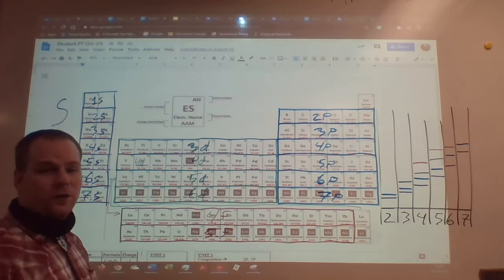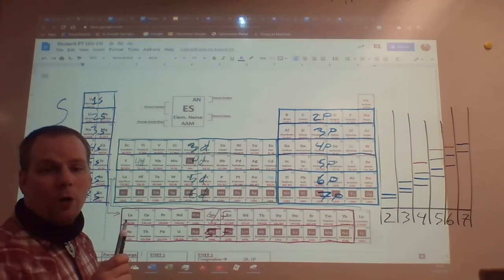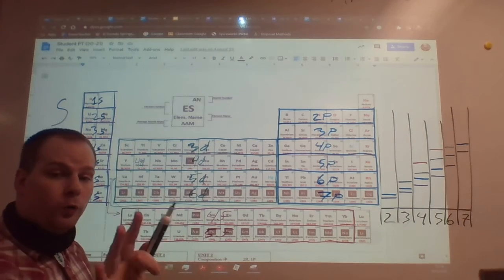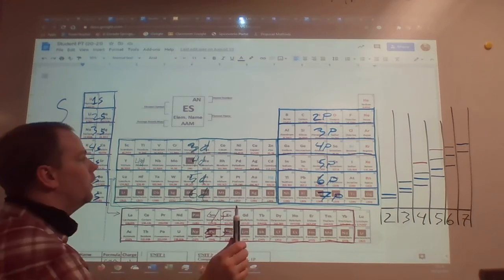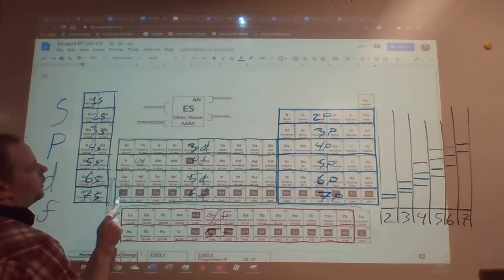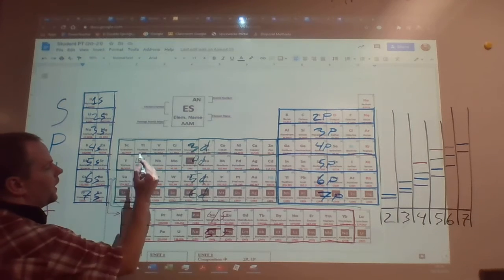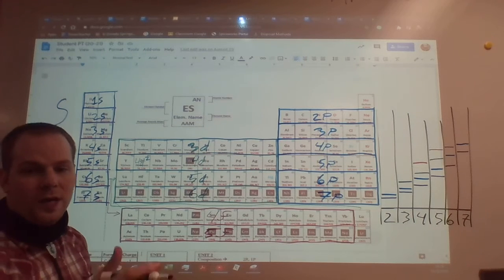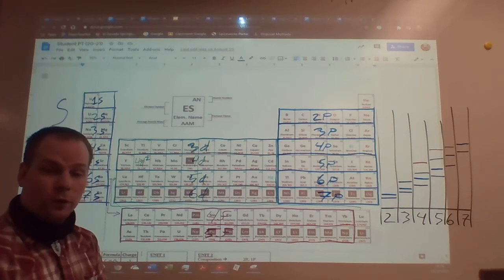To get the exponent, we count how many columns over it is in its own block. So this is column 1, this is column 2, it's in column 2, so its exponent is 2. 4D2 represents zirconium.